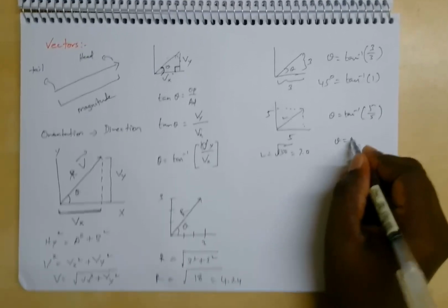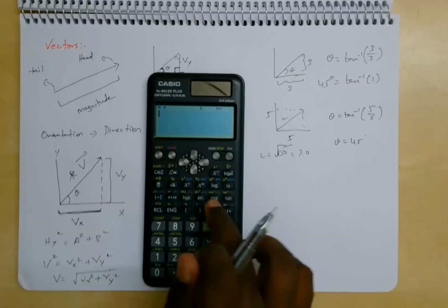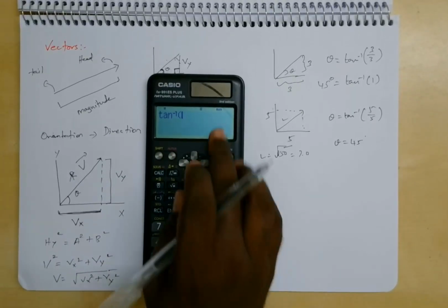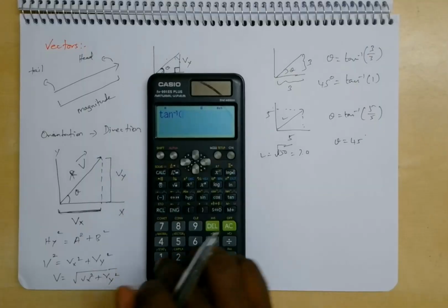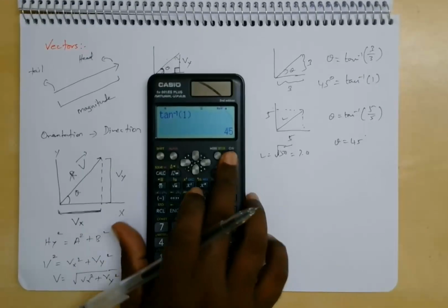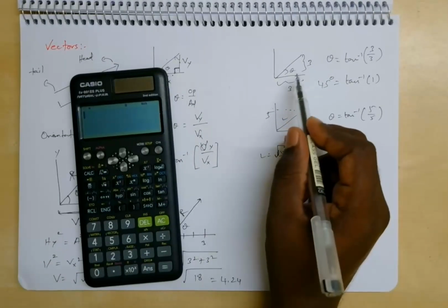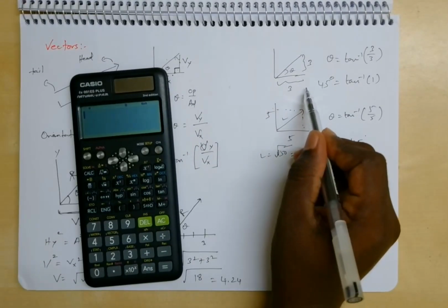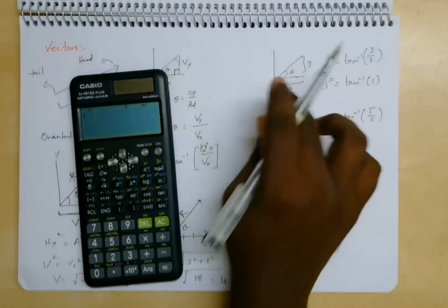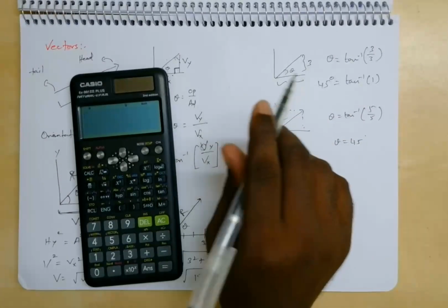So the angle will be 45 degree. By the way, how tan inverse works: we'll open this one. Make sure it's in degree mode. So 45 degree. So if you take any vector whose x value, horizontal value, is equal to vertical value, it will always have the angle of 45 degree.